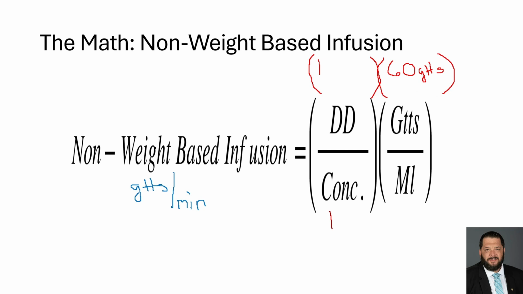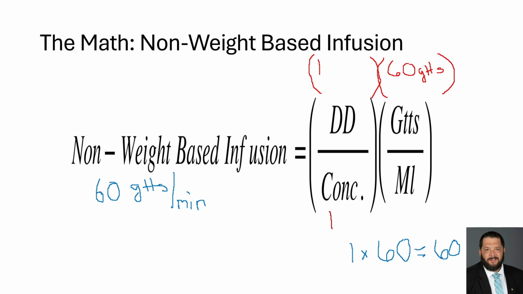And we're left with 1 divided by 1, which is 1, times 60, which equals 60. So we're going to start this infusion at a rate of 60 drops per minute.